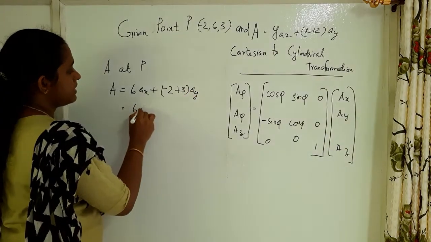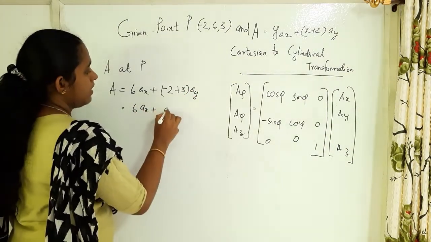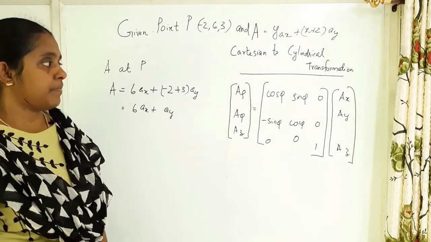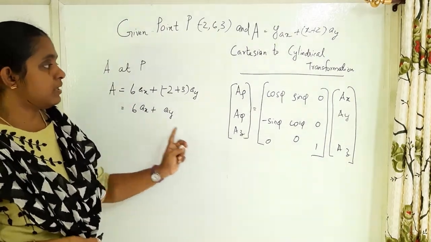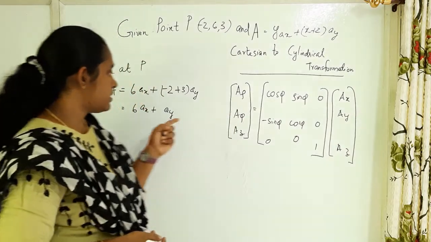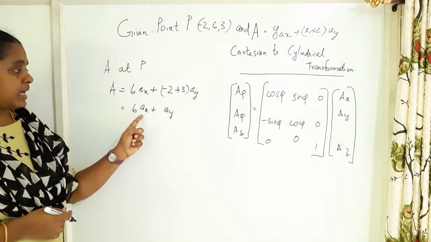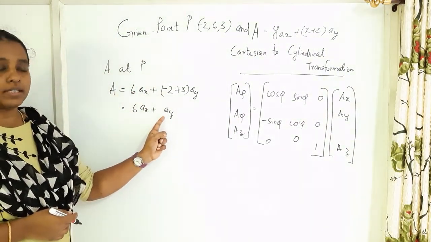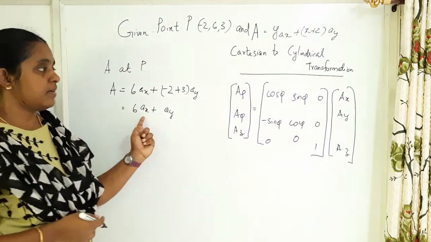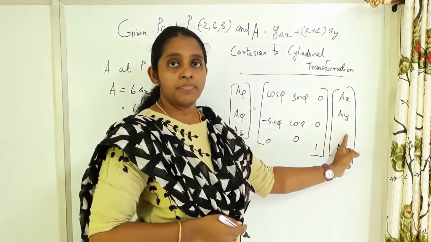So this will be 6 ax plus ay. Ax and ay are unit vectors, and the coefficients of these two vectors we have to substitute in the matrix.